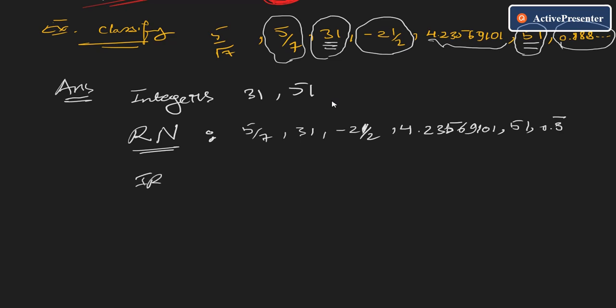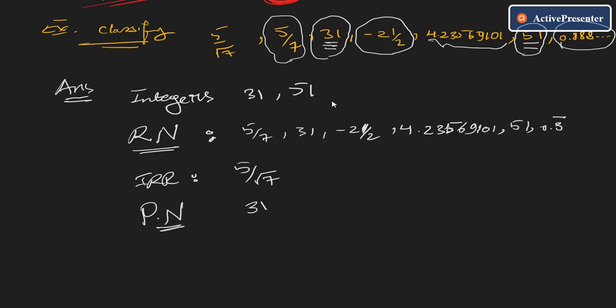What about the irrational numbers? Irrational numbers, we have 5 over square root of 7. What about the prime number? Do we have a prime number here? Yes, we have 31. What about composite number?